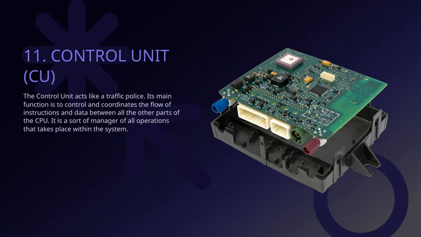This coordination is crucial because without the CU, the various components wouldn't work together efficiently, leading to confusion or errors. So, in essence, the control unit is the brain behind the scenes that keeps the entire system functioning seamlessly. It's a key piece in understanding how a CPU orchestrates all its operations to perform tasks effectively.